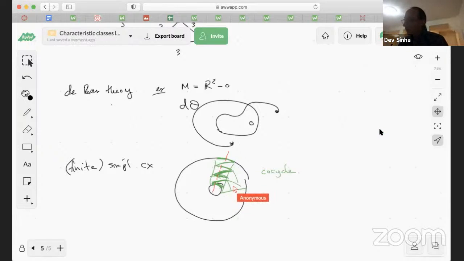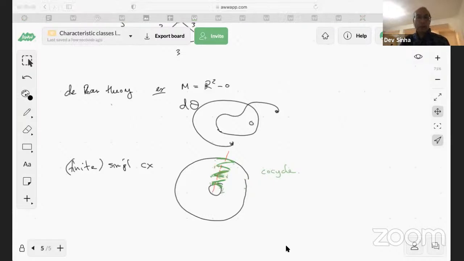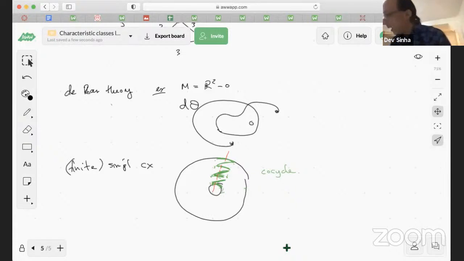The green things that I drew at first were exactly what you need to include if you're going to travel around the annulus, or back around. So this is basically the idea of a Thom cochain.